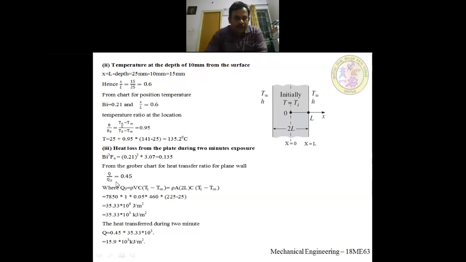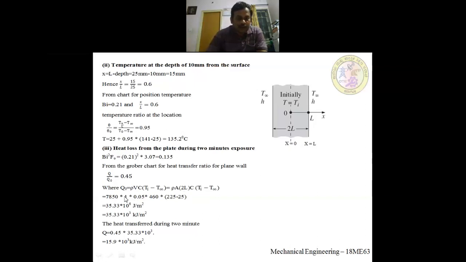So you got Q by Q naught as 0.45, and Q naught is given by rho V c into Ti minus T infinity. You have to remember this formula. Rho is the density, V is the volume, C is the specific heat. Volume is cross section area into thickness, and thickness is 2L.